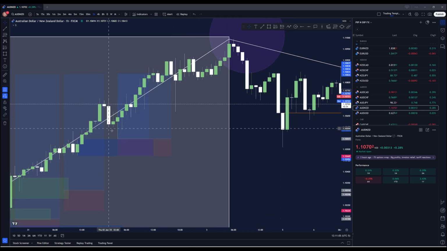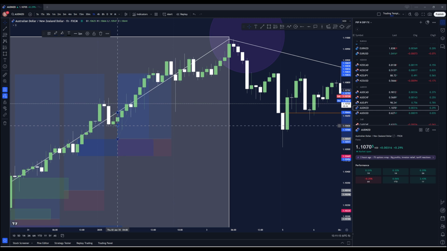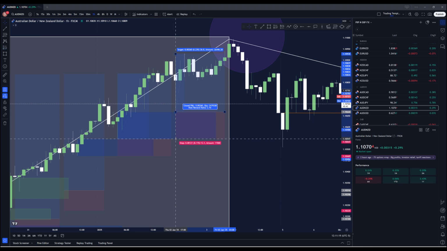That area, we're back within this. We also have this last down candle that ended up pushing market up. Last area of interest, stop loss, take profit.